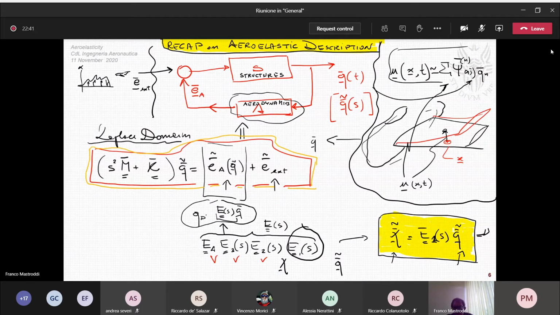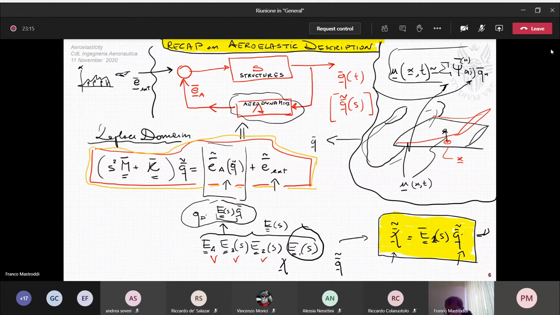We want to define this operator in the Laplace domain, and so this operator is a matrix operator depending on the Laplace variable, such that, as applied to the Laplace transform of the modal Lagrangian vector, this matrix multiplication will give the Laplace transform of the downwash or normal wash vector.